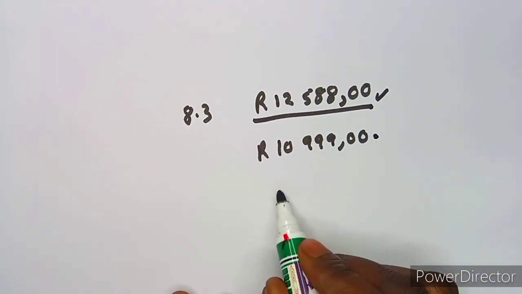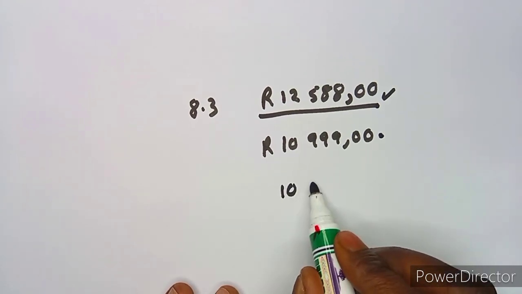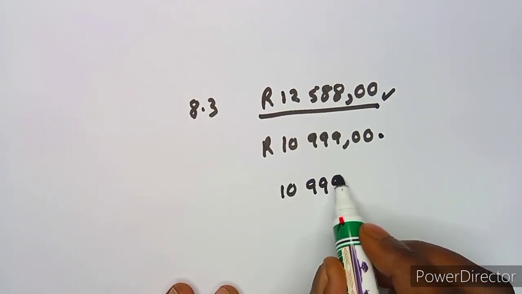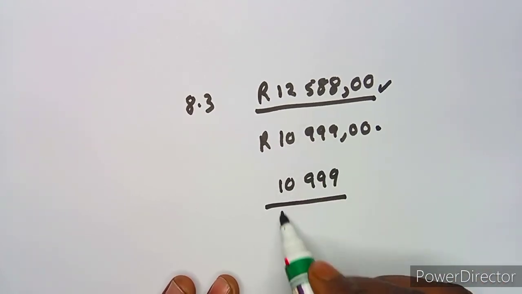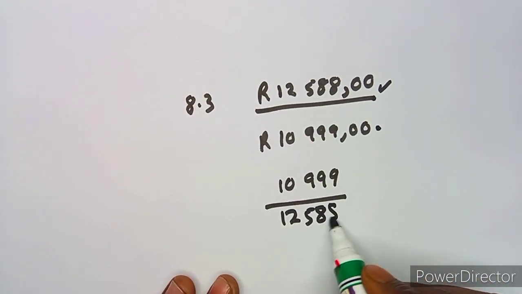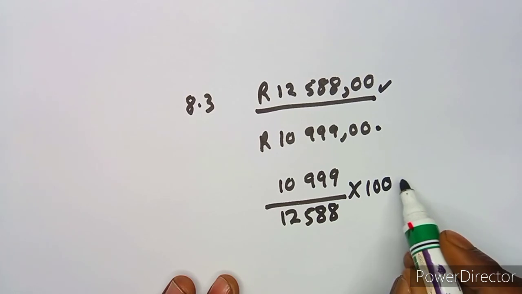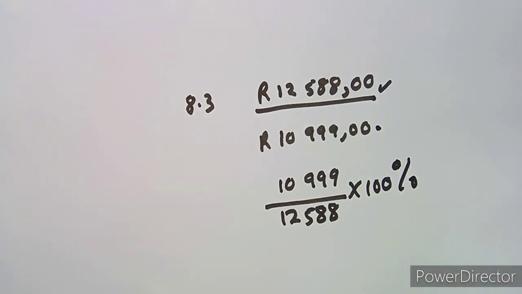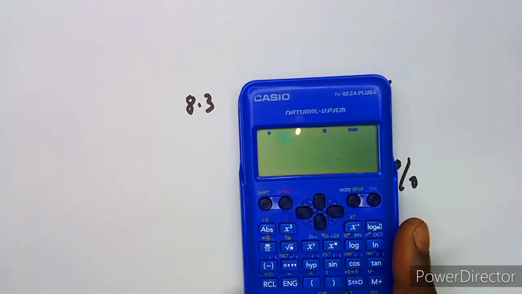So it's just going to be 10,999 over what you're given, 12,588, multiplied by 100%. Or you find the difference first.